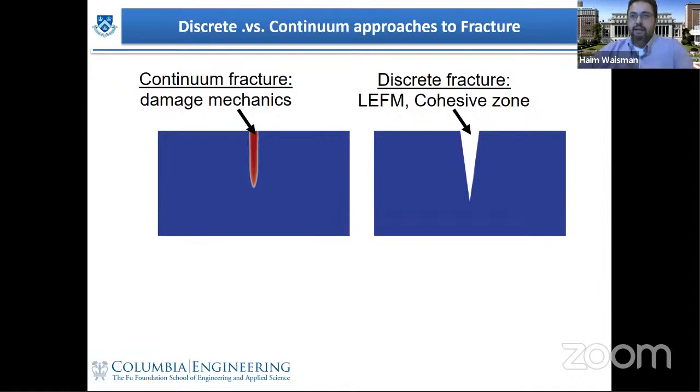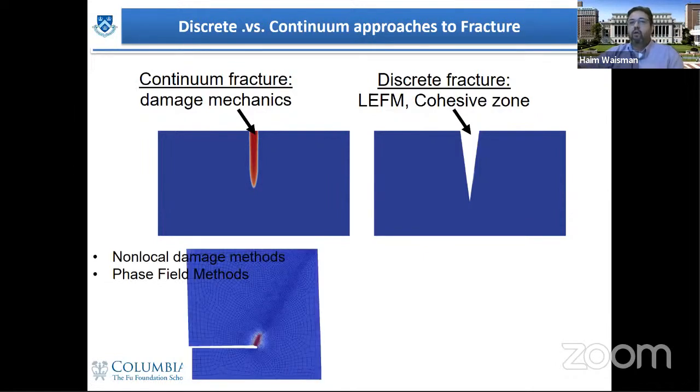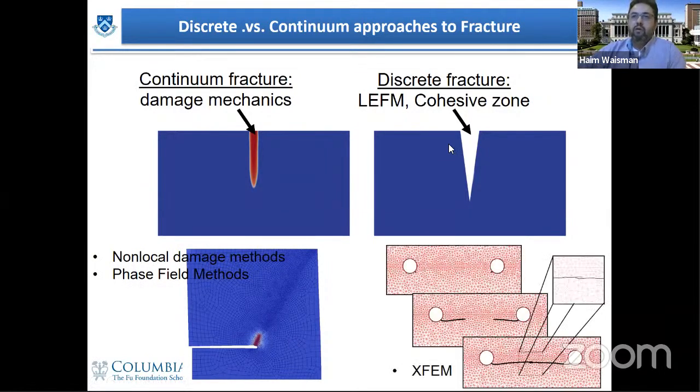These examples are linear elastic fracture mechanics and cohesive zone models. Or we can model it using a smeared approach, such as damage mechanics, or here you see phase field methods, non-local methods, damage methods. Or on the other side, you can see XFEM formulation.